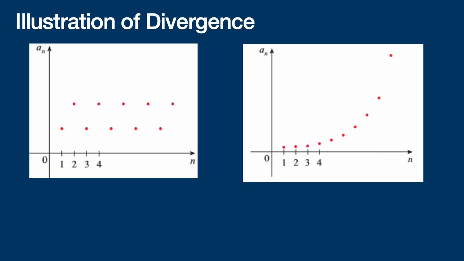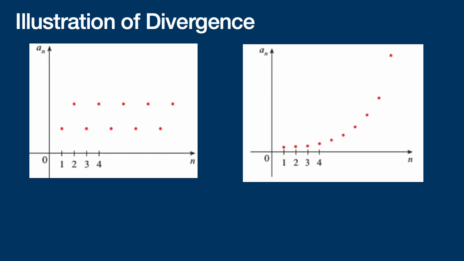Here are two examples of divergence. On the left, the sequence oscillates. The terms bounce back and forth. a1 is 1, a2 is going to be 3, a3 is going to be 1, a4 is going to be 3.